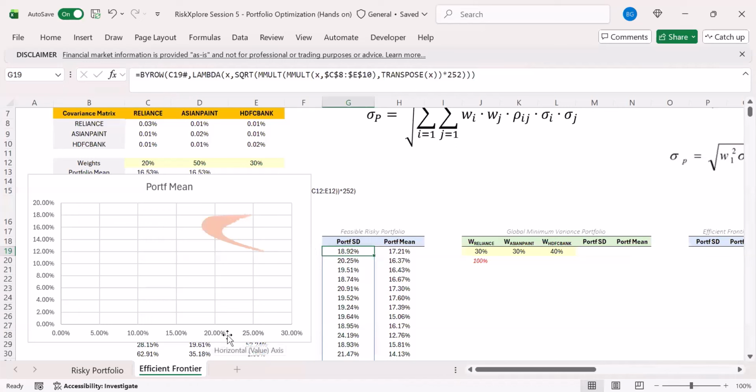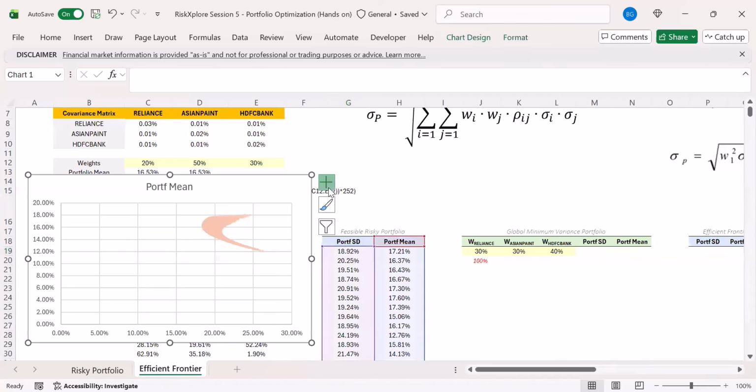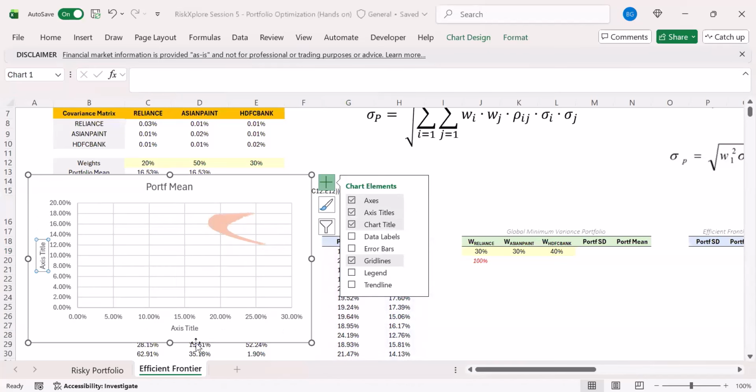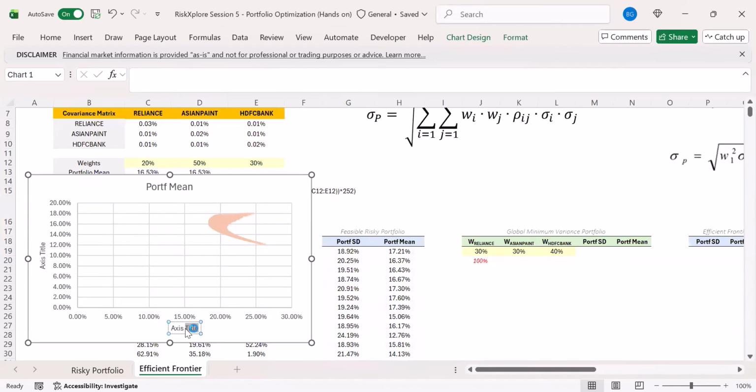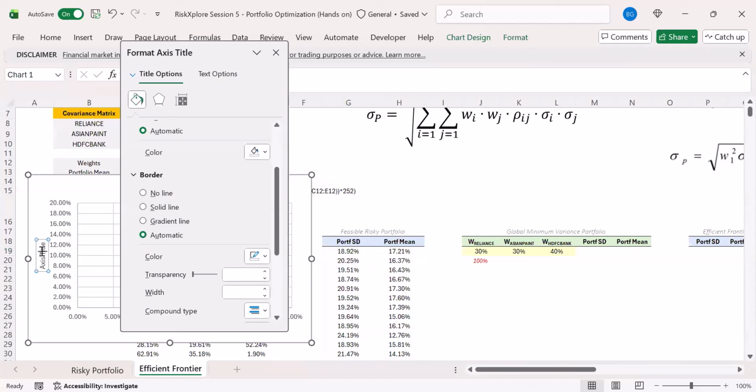How do we say that? If you see this point here, 20% SD. On the x-axis you have SD, on the y-axis you have mean. Let's add axis titles as well: here portfolio SD, and this is portfolio mean.